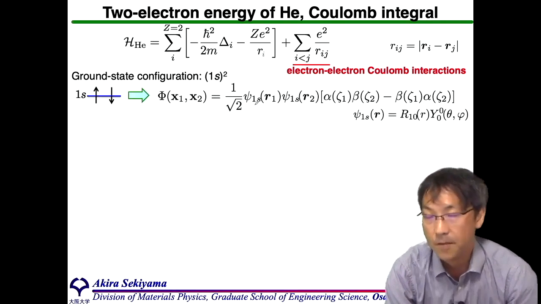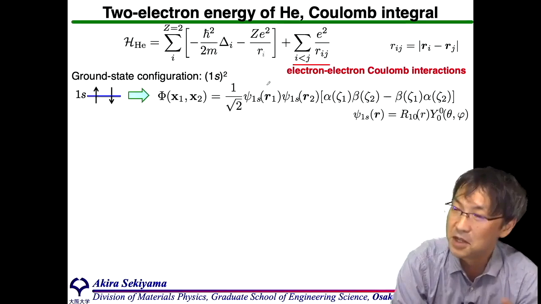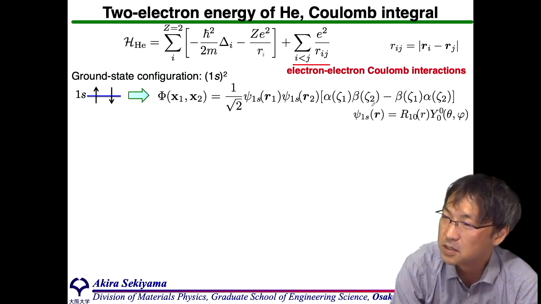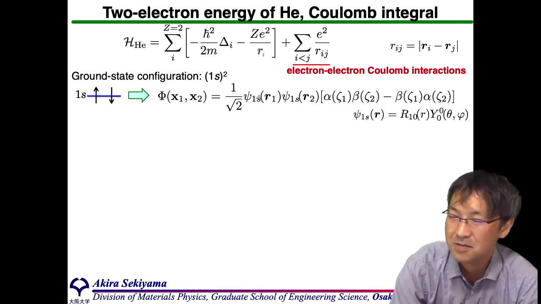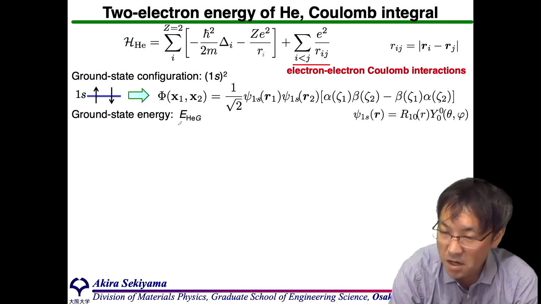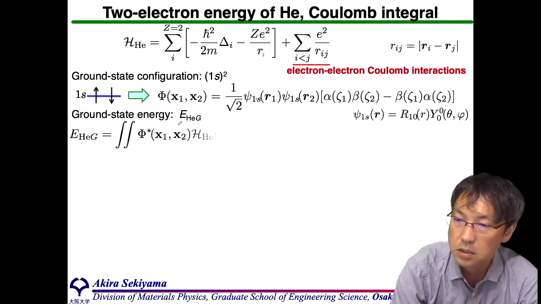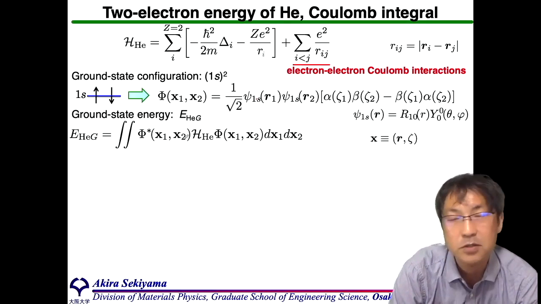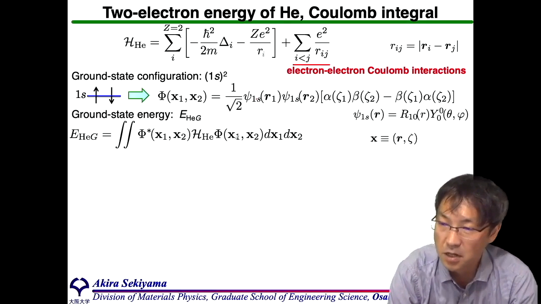According to the definition of the Slater determinant, the wave function of 2 electrons is given by this formula. After we consider this many-body wave function, we can obtain the ground state energy of this state according to the rule of quantum mechanics like this.